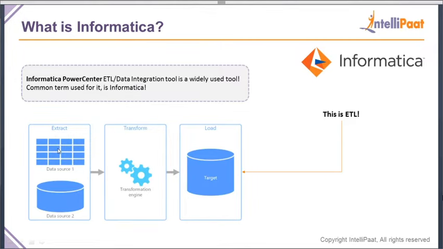Similarly, there are other sources we have: flat files, COBOL. We can consider one table, one flat file, one CSV file, one COBOL, and one Hadoop file. There are many sources we have, but the target should be either table, file, or XML, any one format we can choose.